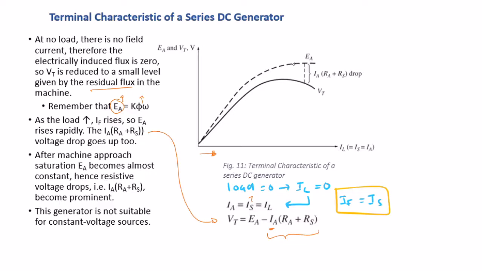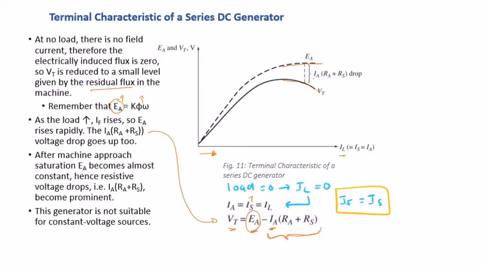At that point, EA will become more or less constant. However, at the same time, the voltage drop is not constant. As we increase the load, IA will still be increasing, and therefore this voltage drop is also increasing. Therefore, although EA is constant, VT will start to drop. This is the effect that we see here, that VT is not constant, but starts to drop.